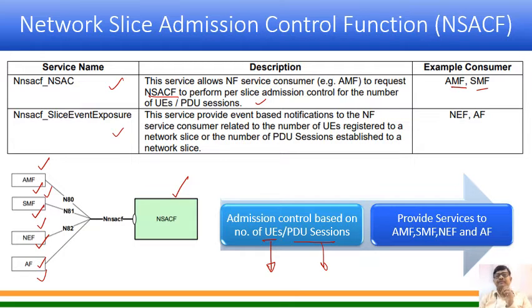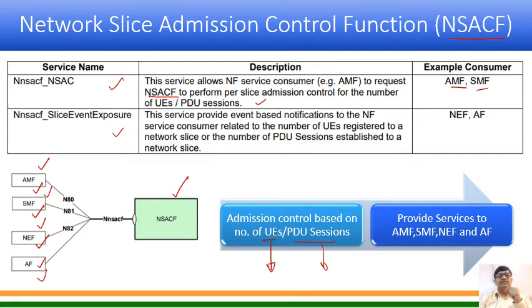That means AMF is requesting this NSACF to control the total number of UEs in this slice, or the total number of PDU sessions, so that it does not exceed a particular value or number. So that is one service which controls the admissions.